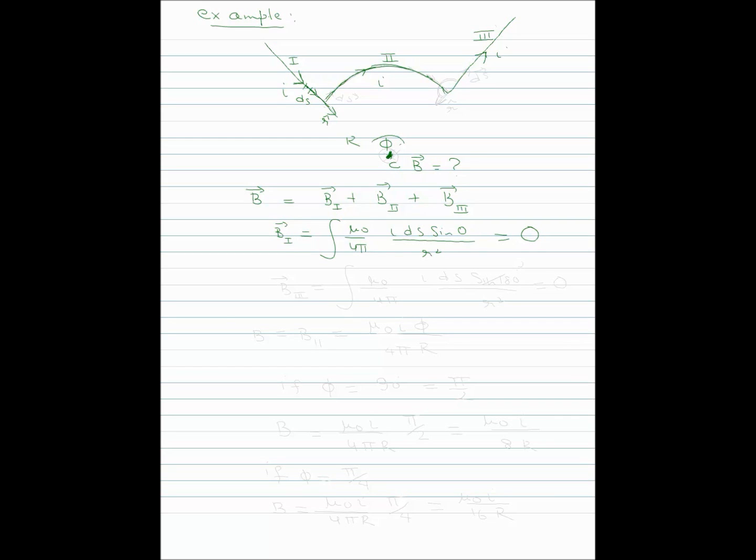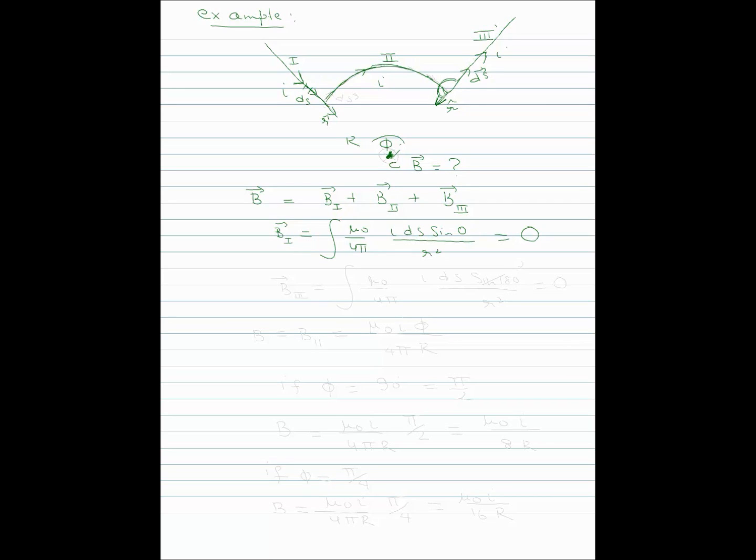Similarly, look at the contribution due to part 3. Here, your ds is going to be in the direction of the current like that, and your r hat vector is going to be pointing towards the center like this, and this time the angle between ds and r hat is 180 degrees.